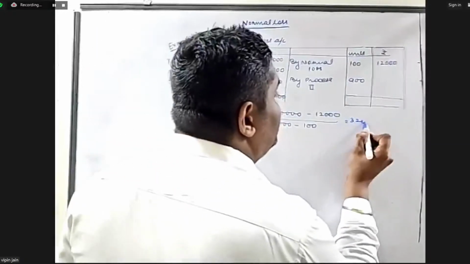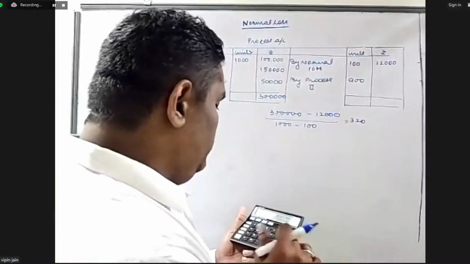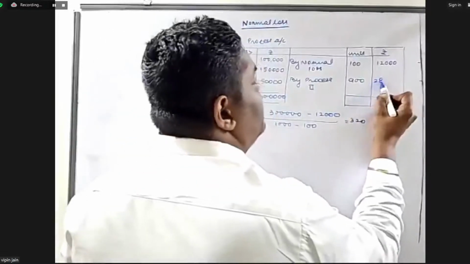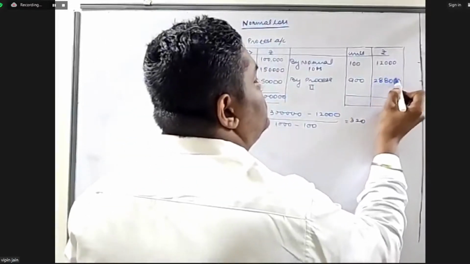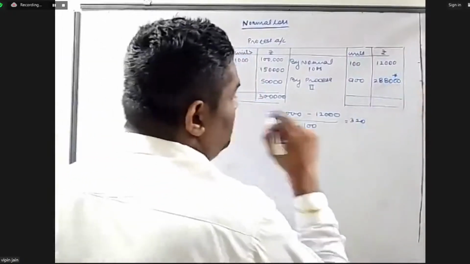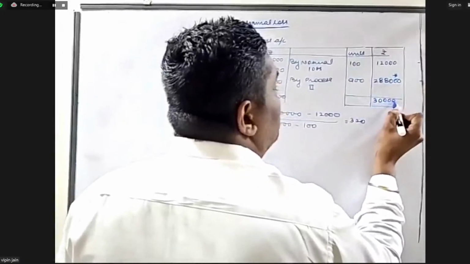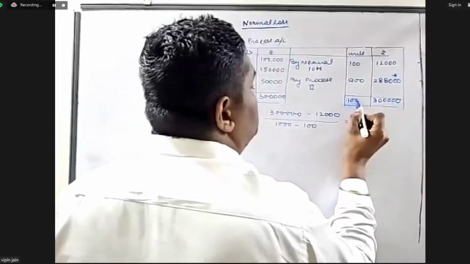So the cost per unit will be 320. So the value will be 320 into 900, that is 2,88,000. We can use it as a balancing figure also in this question. So this will be 3 lakh.